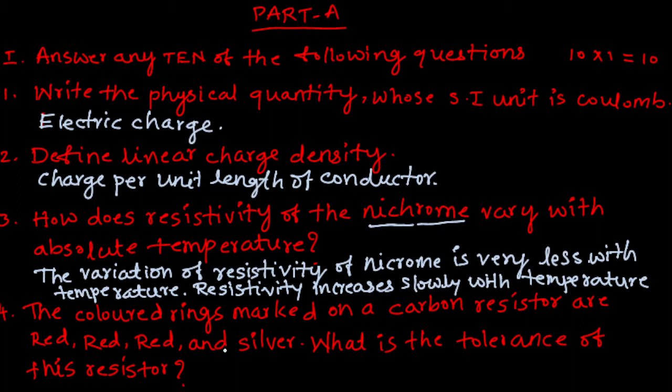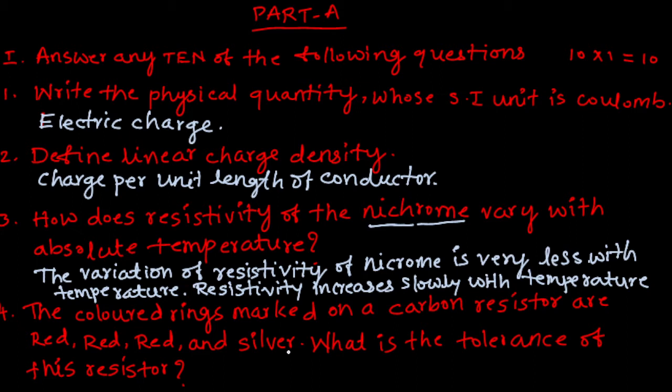You know that in a color band, the fourth color always represents tolerance. Here four colors are given: red, red, red, and silver. The fourth color is silver, so silver indicates tolerance. For the fourth color, there are two colors, silver and gold, and no color. If gold is used, then tolerance is plus or minus 5%.